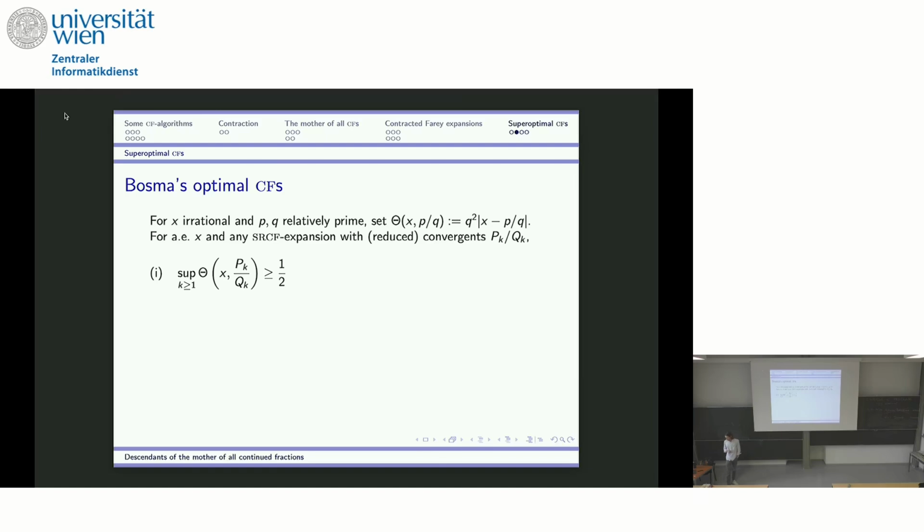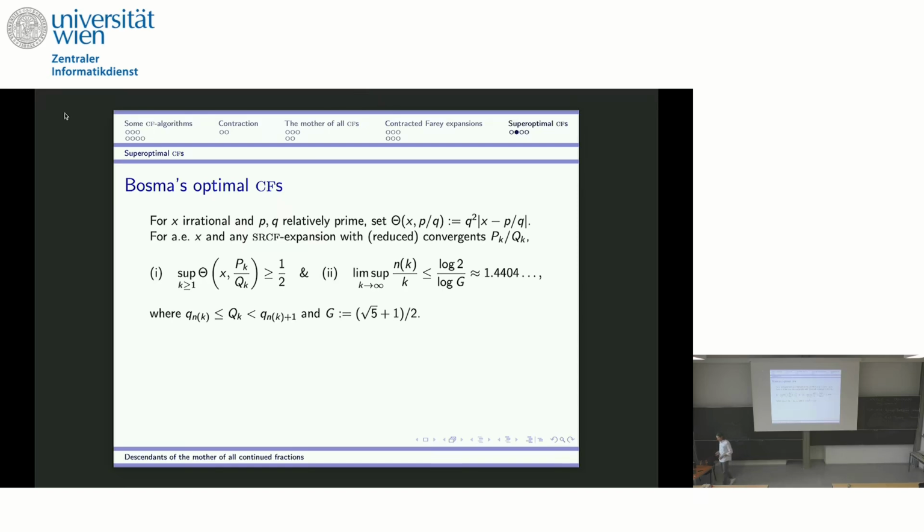One can show that for almost every x, and any semi-regular continued fraction expansion of x with convergents p_k over q_k, the supremum of these approximation coefficients is always greater than or equal to 1/2. So you might get some convergents that approximate x very, very well, but they can't all approximate x very, very well. So the supremum is going to be greater than or equal to 1/2.